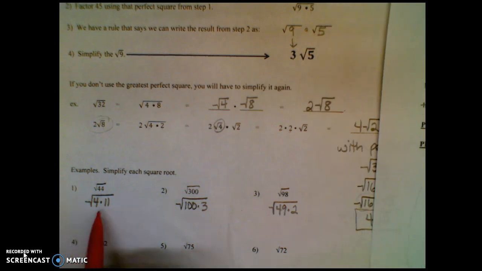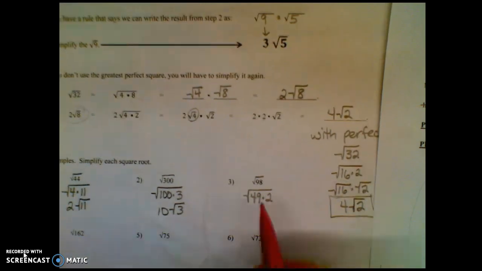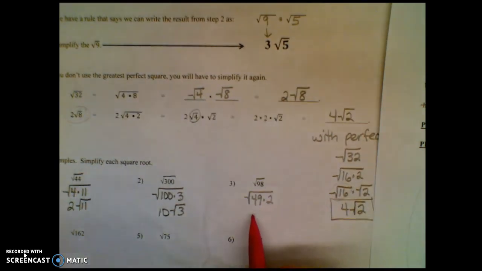So this one breaks into square root of 4 times the square root of 11, which is the same as 2 root 11. Square root of 100 simplifies to be 10, and we have root 3 left over. Square root of 49 simplifies to be 7, and we have root 2 left over.